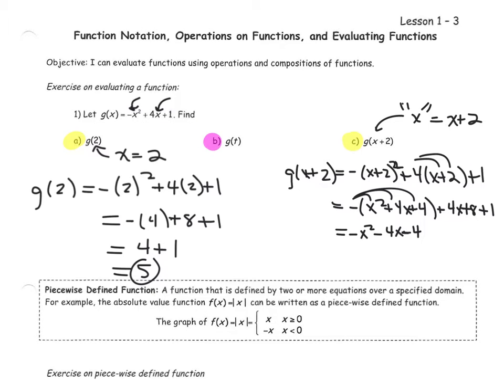Making sure I haven't made any mistakes, plus 4x plus, this is really 9, and we'll be left with negative x squared. These cancel, and I'm left with plus 5. All right? Okay, so moving right along, this was all on page 10.